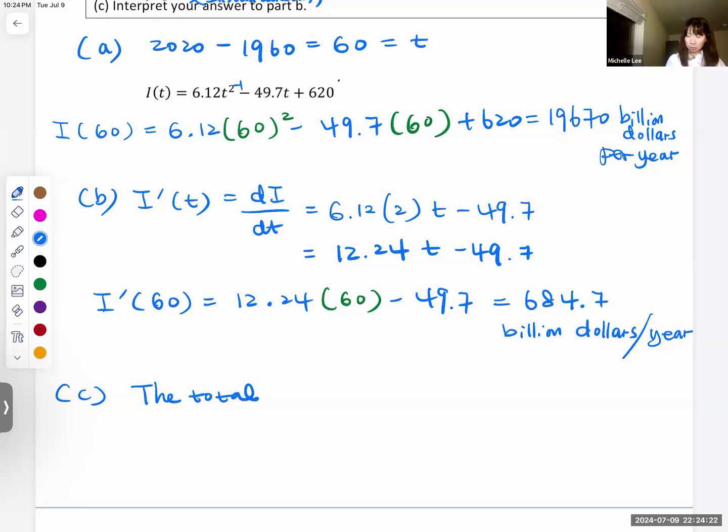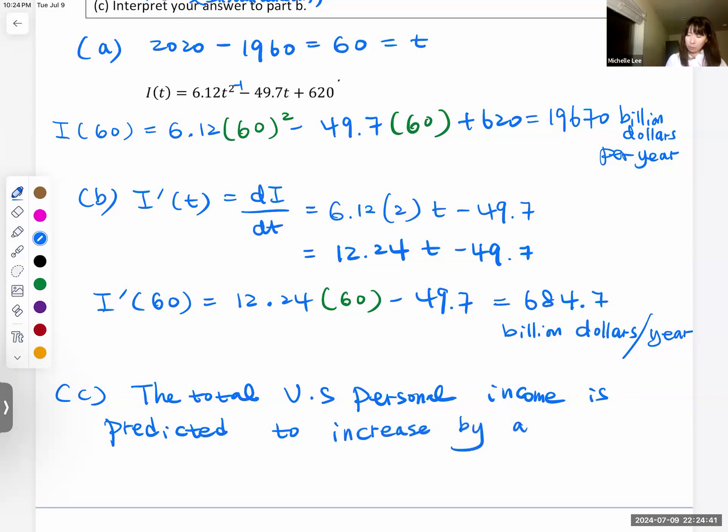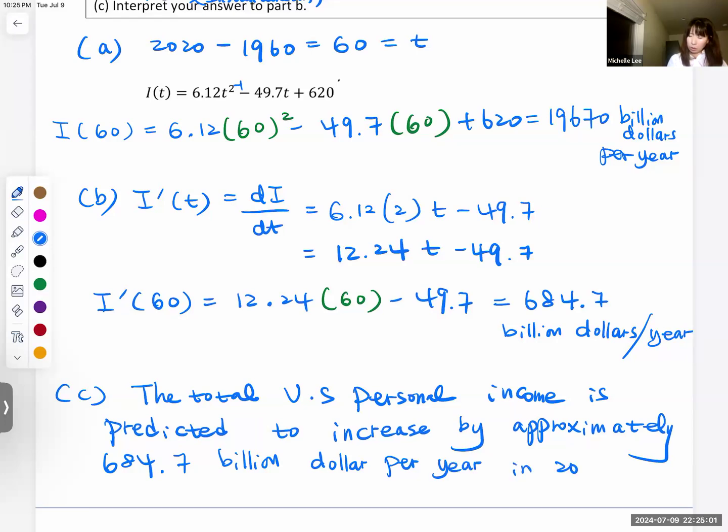Okay, so let me write down: the total US personal income is predicted to increase by approximately $684.7 billion per year in 2020. Okay, so we have a marginal.